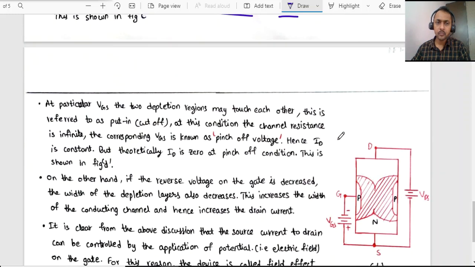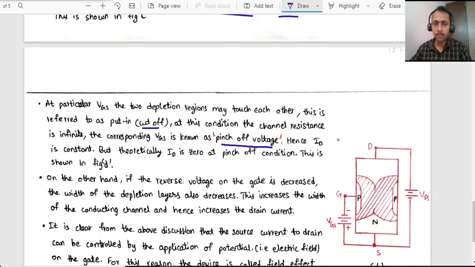Similarly, if you keep making VGS more and more negative, you will reach a point where no current will flow. That point is called the cutoff point, and the voltage where no current is flowing from source to drain is called the pinch off voltage.